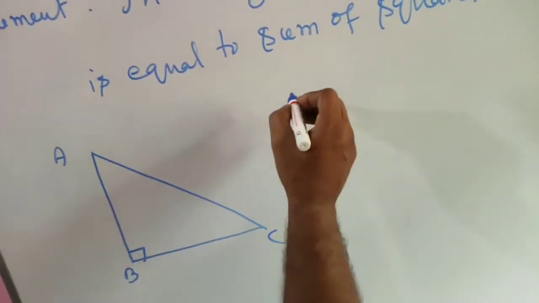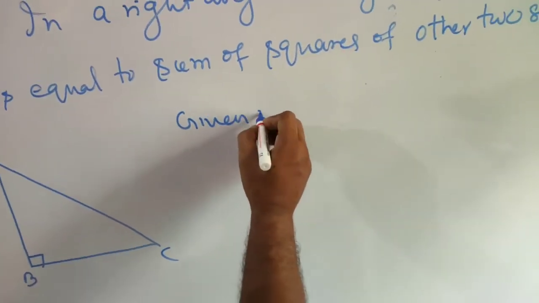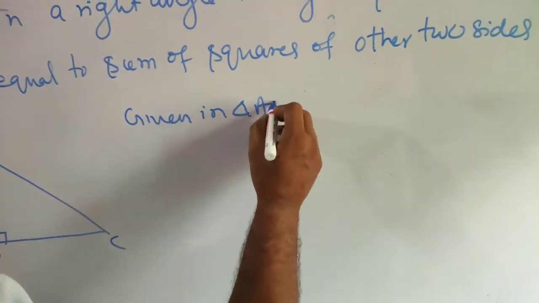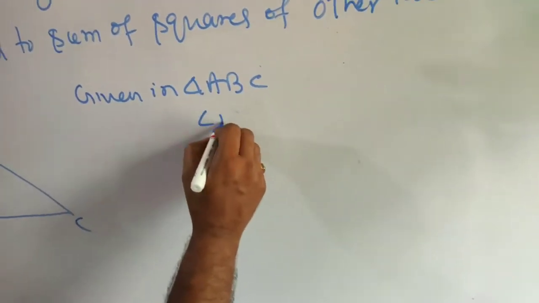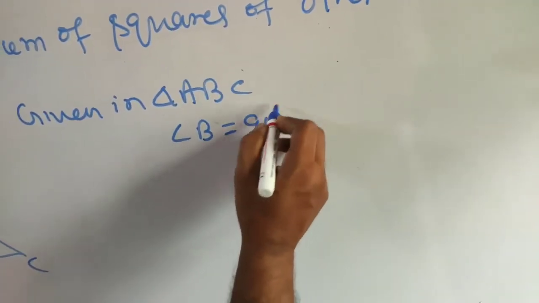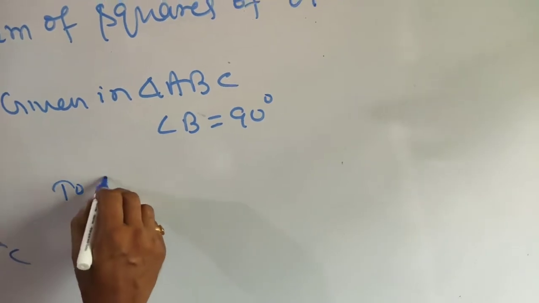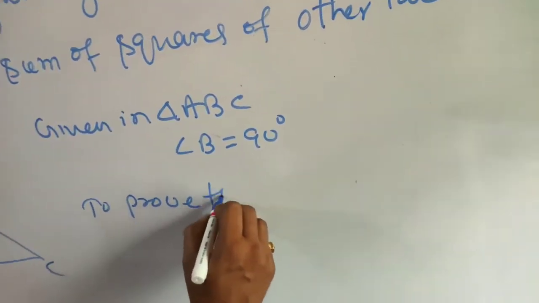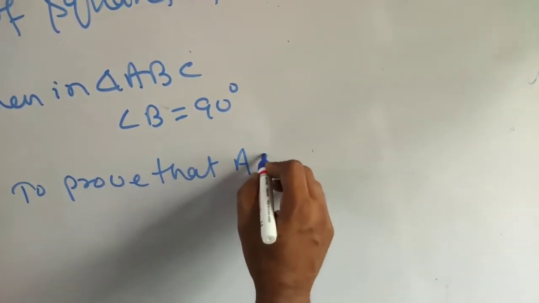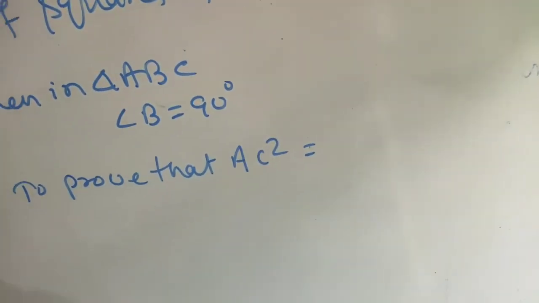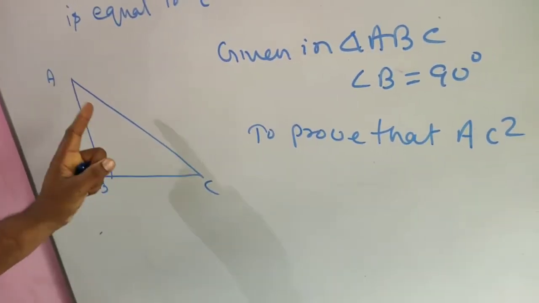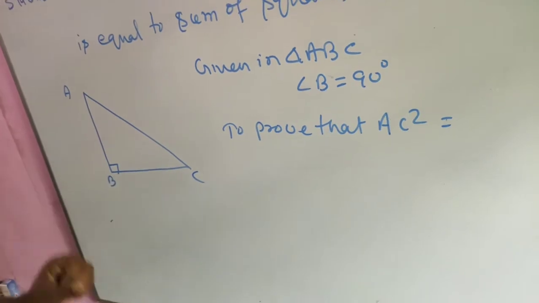ABC. Given: in triangle ABC, angle B is 90 degrees. To prove that AC square is equal to, AC is the hypotenuse, largest side, AB square plus BC square.